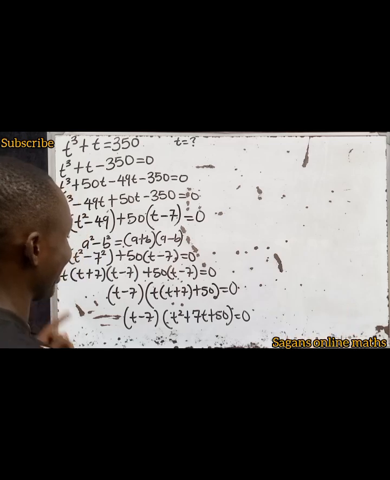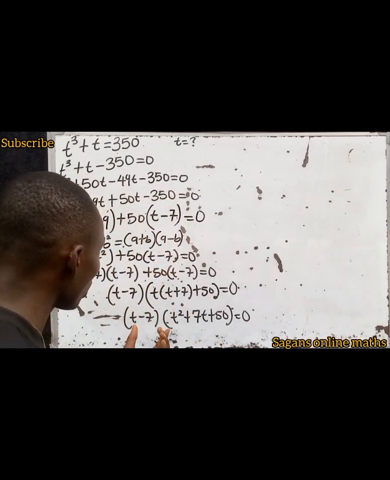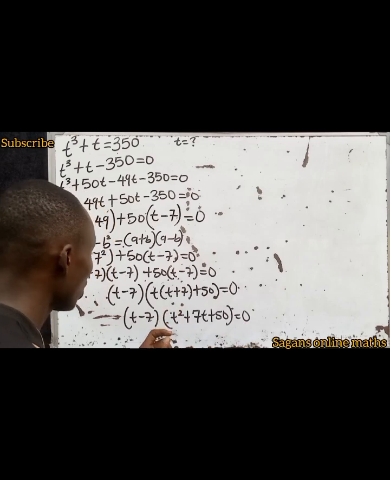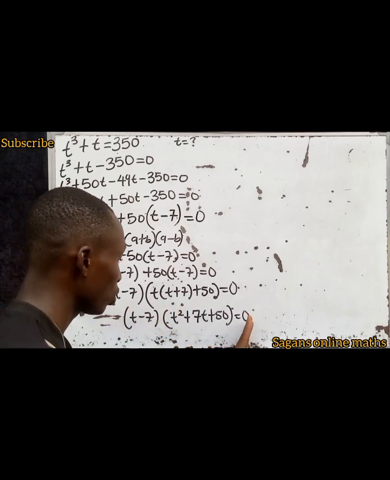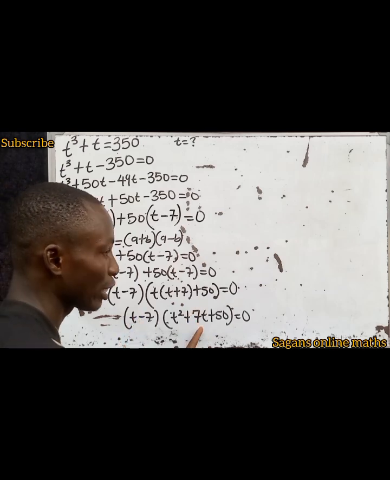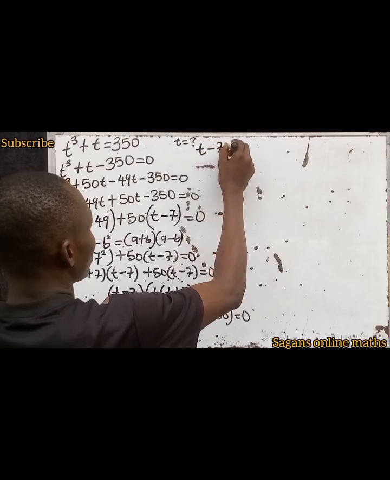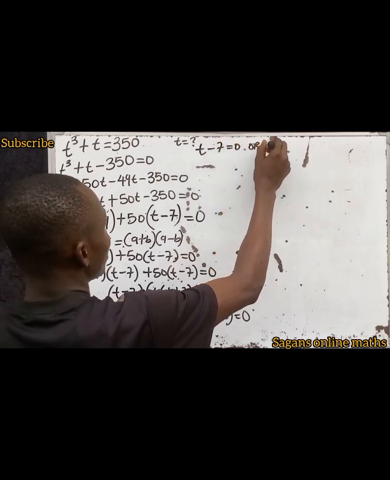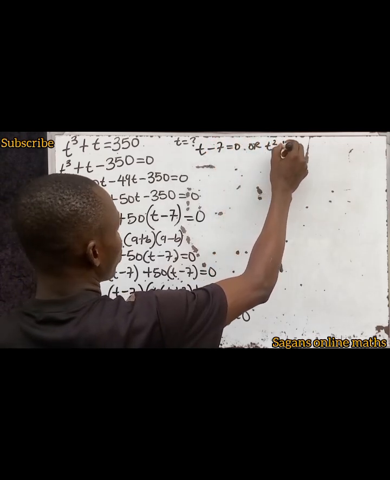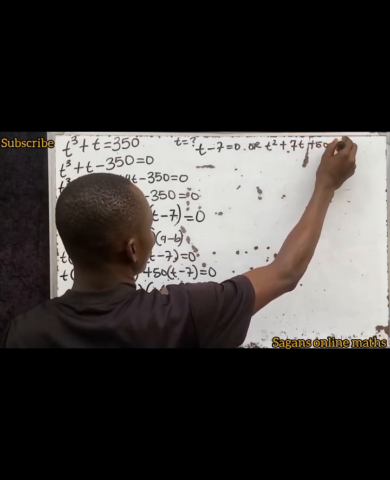Remember, this is excellent. Now, remember that when the product of two terms is equal to 0, it means that each of the parentheses is equal to 0, or both of them are equal to 0. So let's solve it respectively. We have t minus 7 equals 0, or t squared plus 7t plus 50 equals 0.